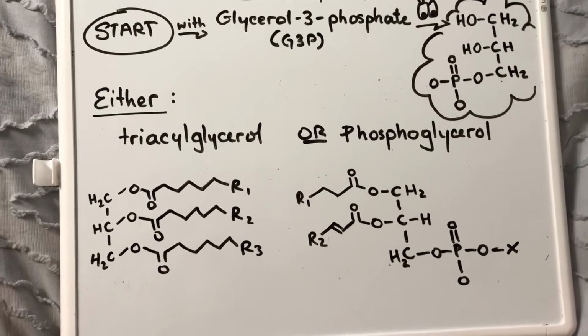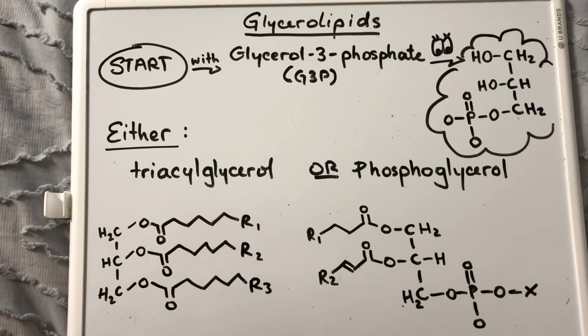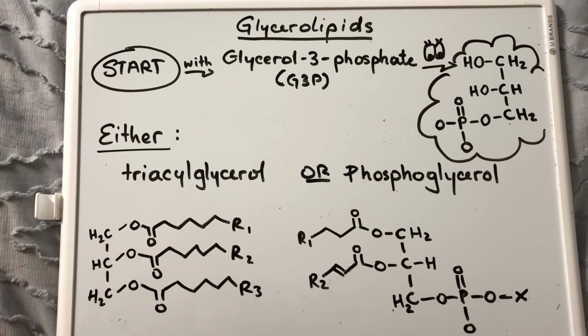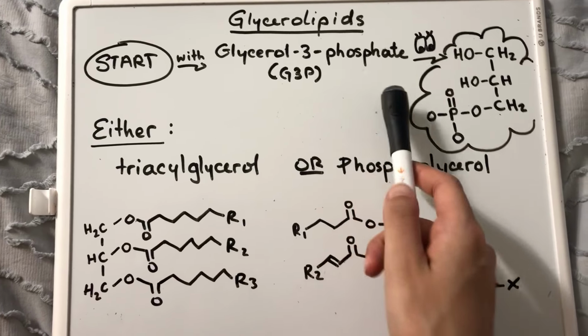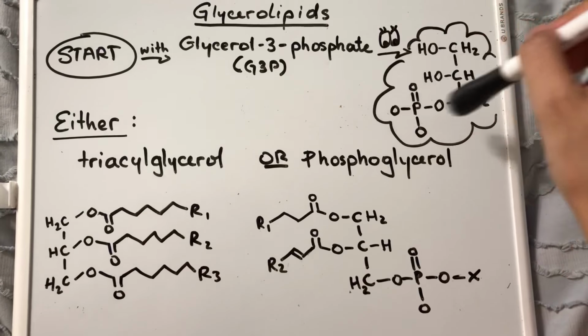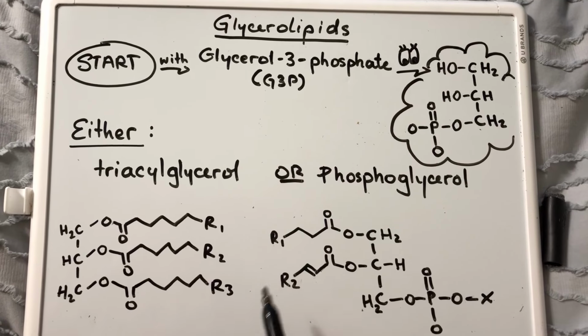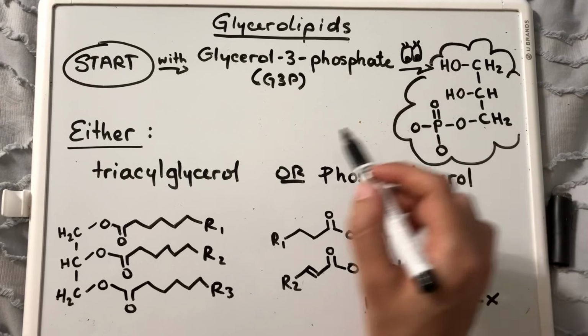So right now I'm going to discuss glycerolipids. In order for glycerolipids to be made, you have to start with glycerol 3-phosphate, which looks like this guy over here. So it's essentially the same as glycerol with this phosphate group attached.